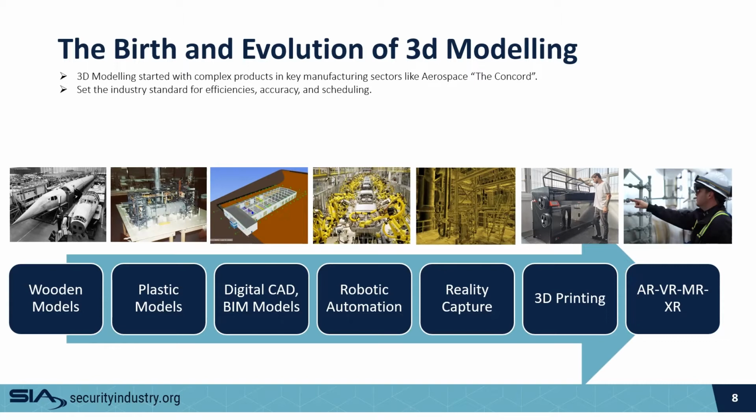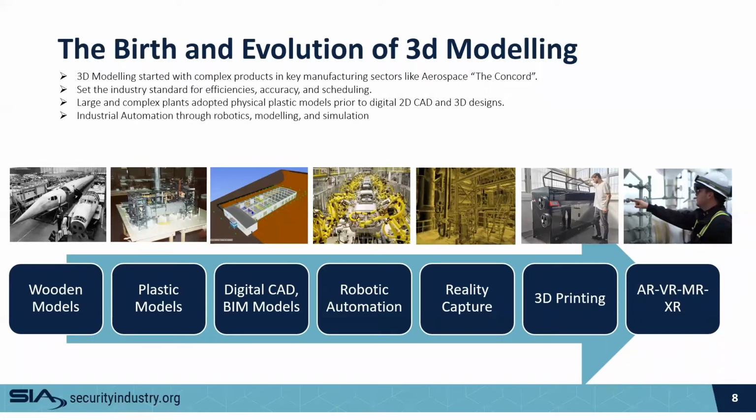And one of those offshoots is in 3D printing, taking parts of the manufacturing process and being able to construct a model or a part from reality capture. That's really quite fascinating, how that industry has evolved.